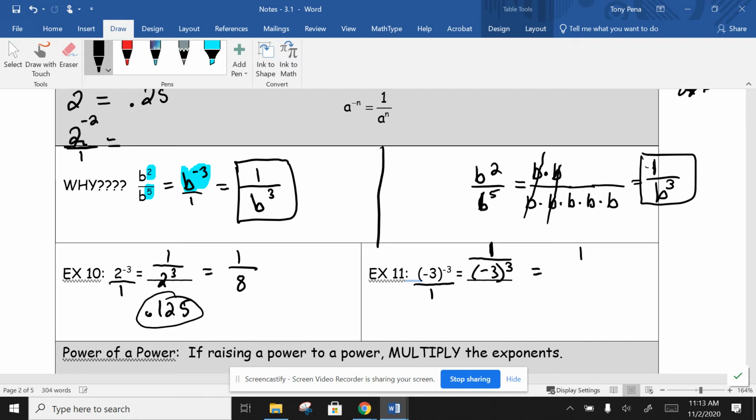So when we simplify this, there's still a 1 up here. Be careful with the negative 3 cubed. That means I have a negative 3 times a negative 3 times a negative 3. When I do the first two, a negative 3 times a negative 3 is 9. When I multiply those together. And then the 9 times a negative 3 should be a negative 27. So we should get 1 over a negative 27.